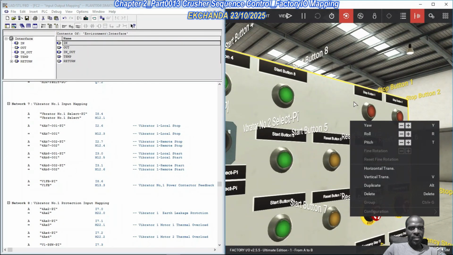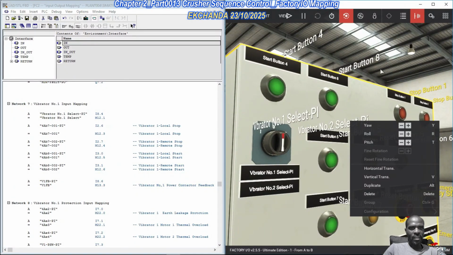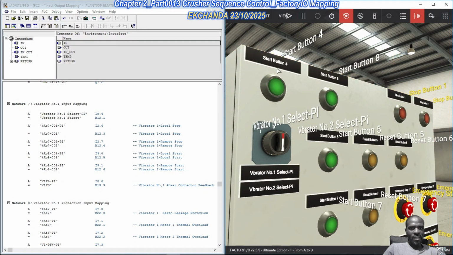So we can come in for a closer look. So we've got start push button 1, start push button 2, stop push button 1, stop push button 2, and these we're going to assign to vibrator 1, local stop, and then vibrator 1, remote stop.